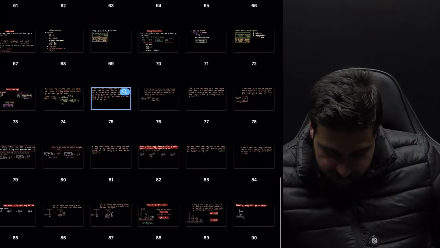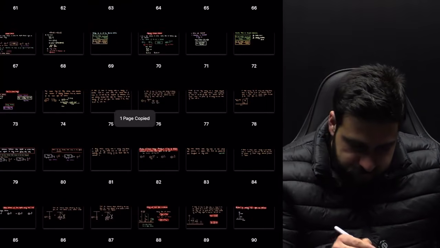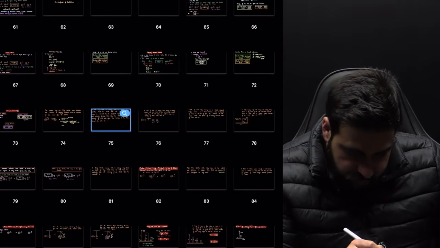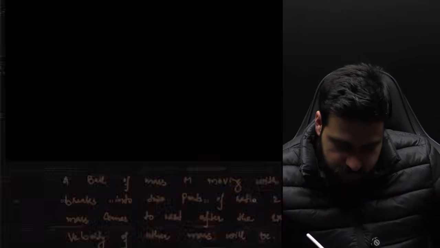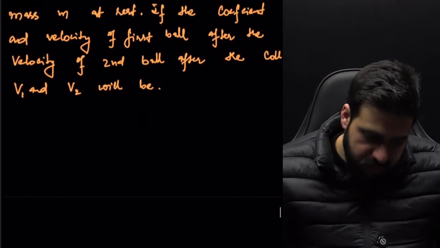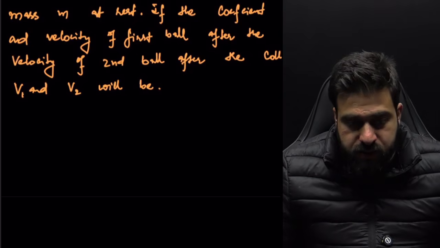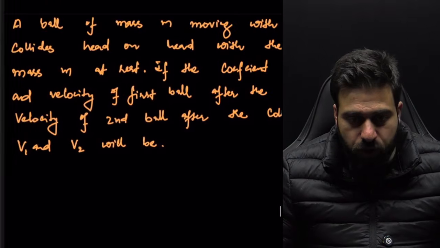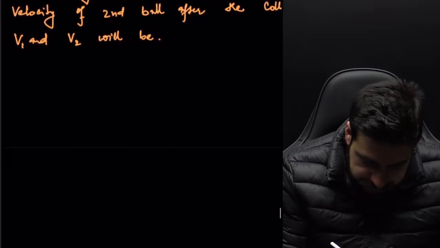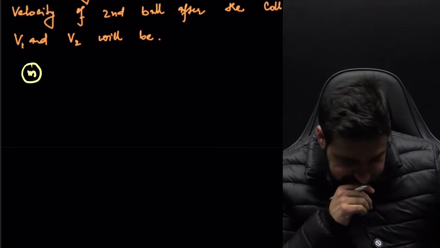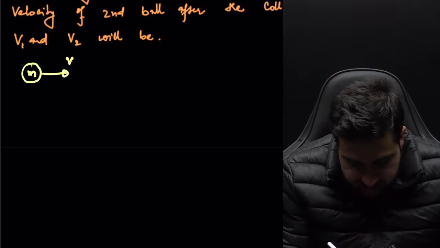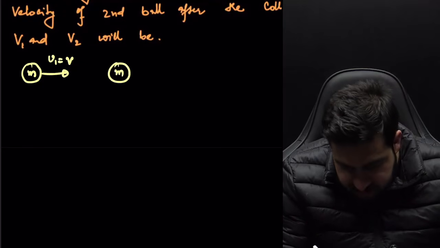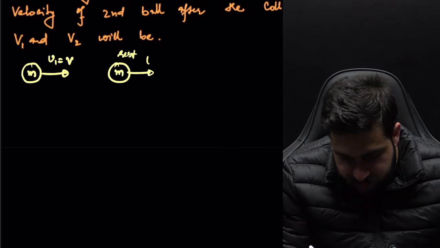Take a look at this particular question, guys. There are two balls. This is the first one. Its mass is m, and it is moving with velocity v. So u1 is given as v. There is another mass which is at rest, so its u2 is 0.